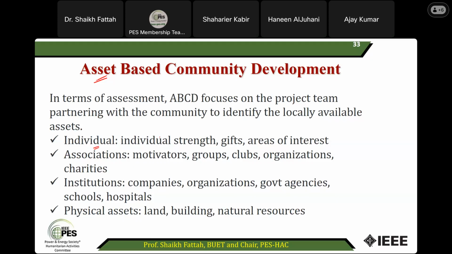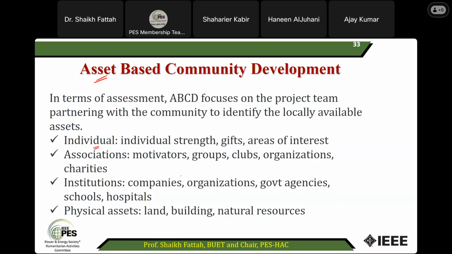So you have to respect their capacity, their skill, and you have to utilize that skill rather than ignoring that. How a project can be built by maximum utilizing their skill, that will be more useful. So individual strength, areas of interest is important.